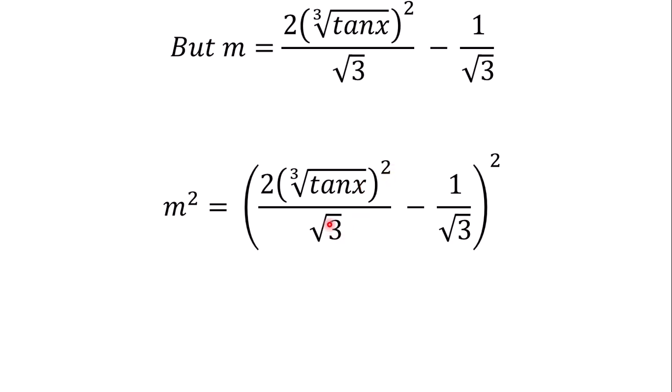When you square this one, we're gonna get what? 3. So when you open this one, you're gonna get 4 times cube root of tangent x to the power 4 all over 3. And then minus, remember I said you multiply this by this and you multiply by 2.